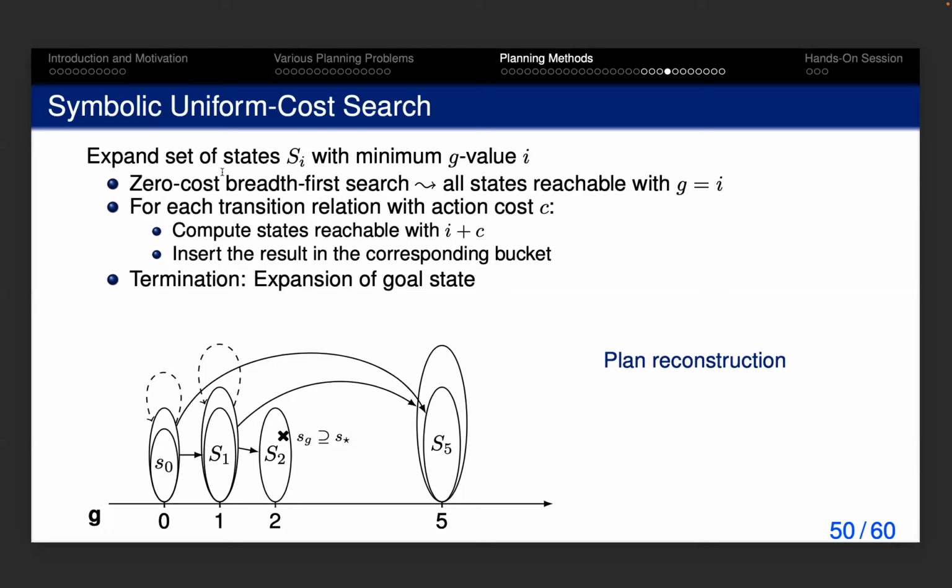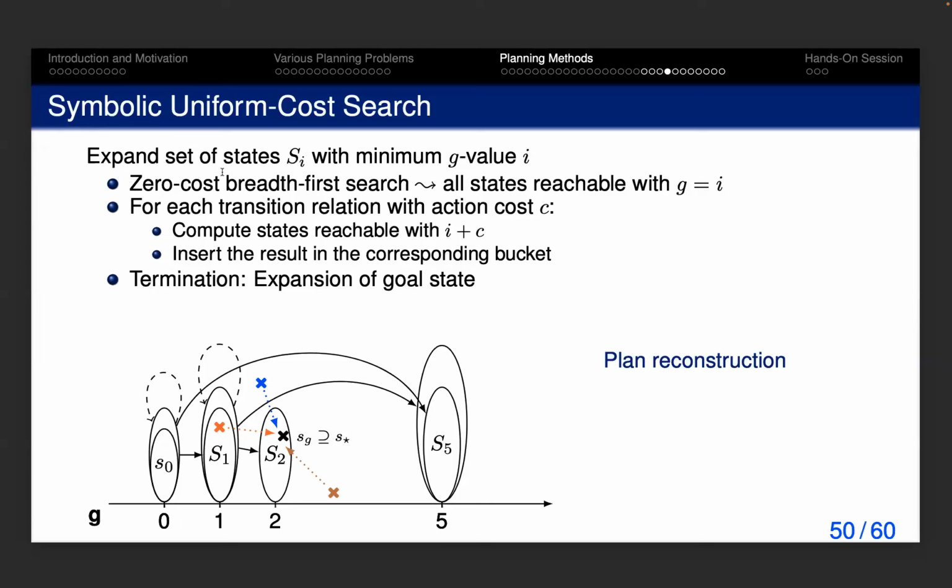So now we talk about explicit states, and we do a plan reconstruction, because we were handling all the states in the state set at the same time. We just know we can reach a goal state with cost 2, but we didn't know how to get there. So we didn't represent the plan or the path explicitly. What you now do is you oppose your search direction.